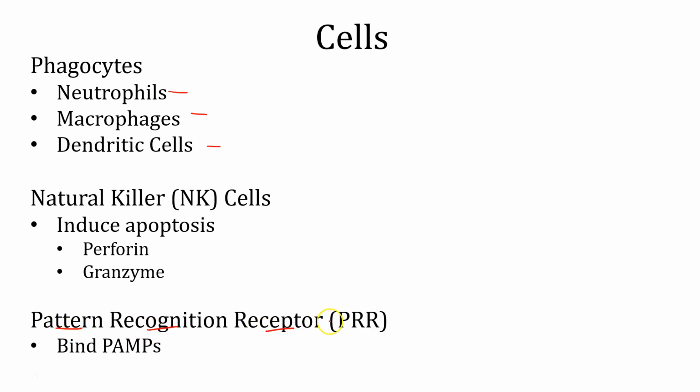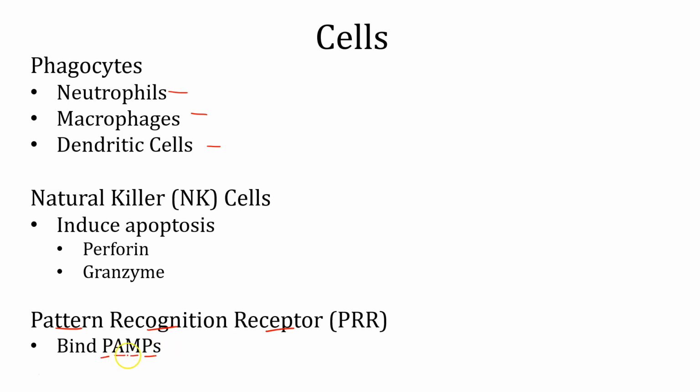And pattern recognition receptors are a pretty general receptor, and they bind generally these things which are known as pathogen-associated molecular patterns, or PAMPs. PAMPs are basically just characteristic features that you would find in, let's say, many different kinds of bacteria or many different kinds of virus.